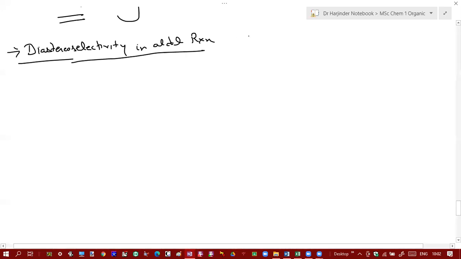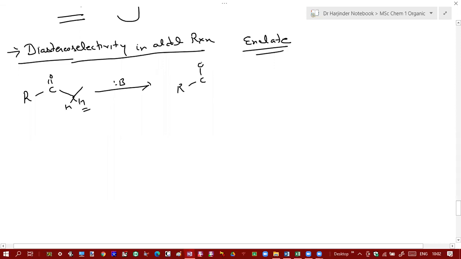Now, when you perform this aldol reaction, basically what is reacting is the enolate. Suppose you have this molecule, and you treat it with any base, not a particular base. The base will abstract this acidic hydrogen, and you will get the corresponding enolate.